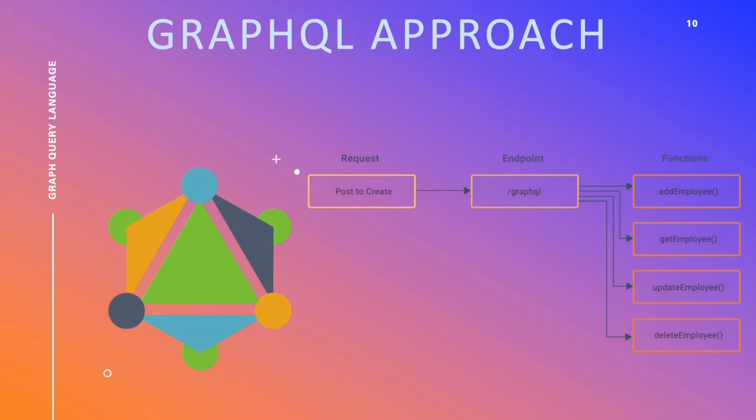You can add the employee, you can get the employee, update and delete. Get is a simple query, which is called a query in GraphQL. And add, update and delete can be done through mutations. These 3 CRUD operations, add, update and delete, are done through a keyword called mutations in GraphQL.